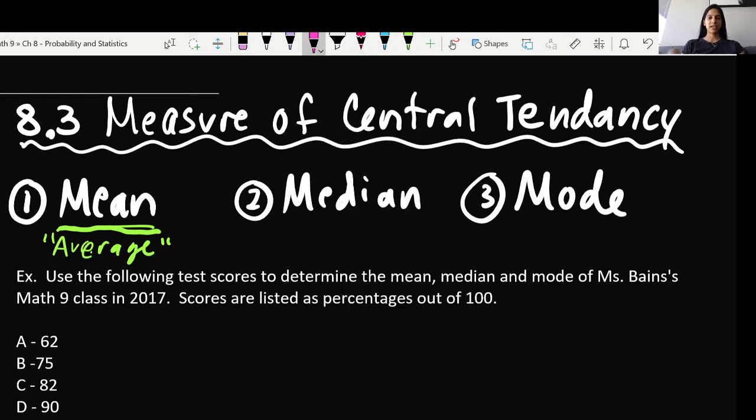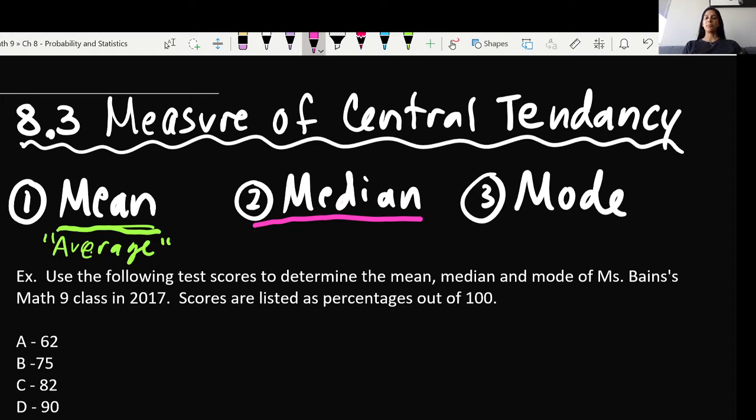The next one is called median, and I'm going to show you using this example what each of these mean, but right now I'll just sort of talk about them a little bit. So mean is one way to check. If you have a list of numbers, we would add them all together and divide by the total number that we have in order to get the mean.